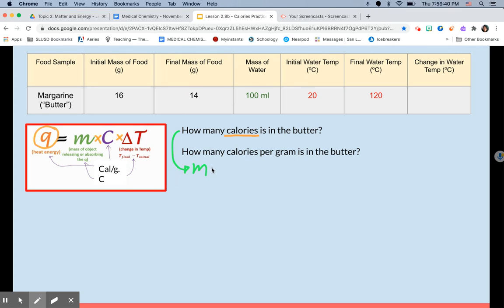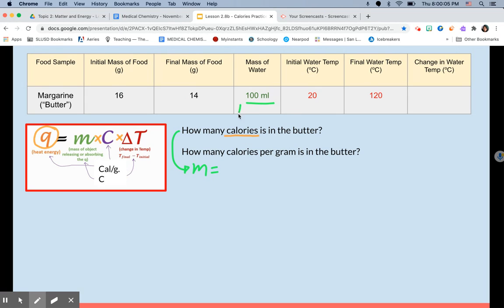Recall that in lesson 2.8, we mentioned that all of the energy from our food is being transferred to the water. So we're not looking for the mass of the food, we're looking for the mass of the water because that is the thing that we are transferring all of the energy to. Here, the mass of the water is 100 milliliters.